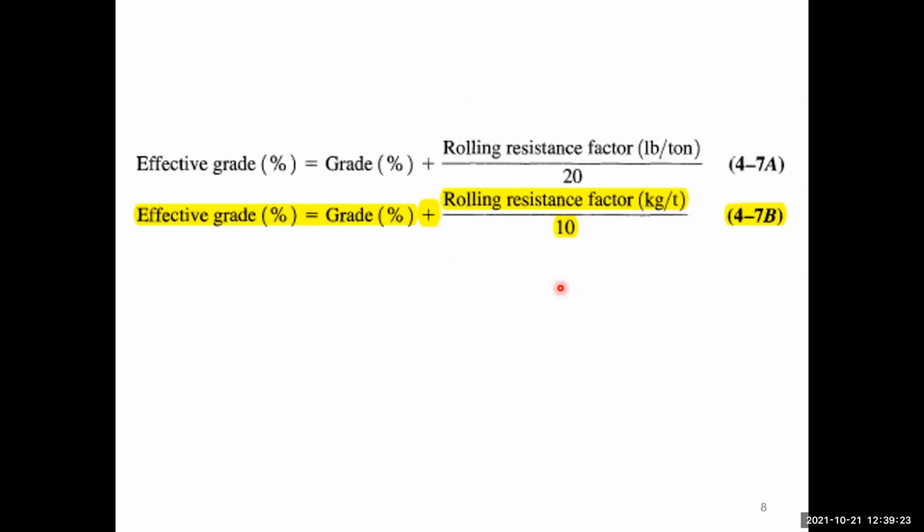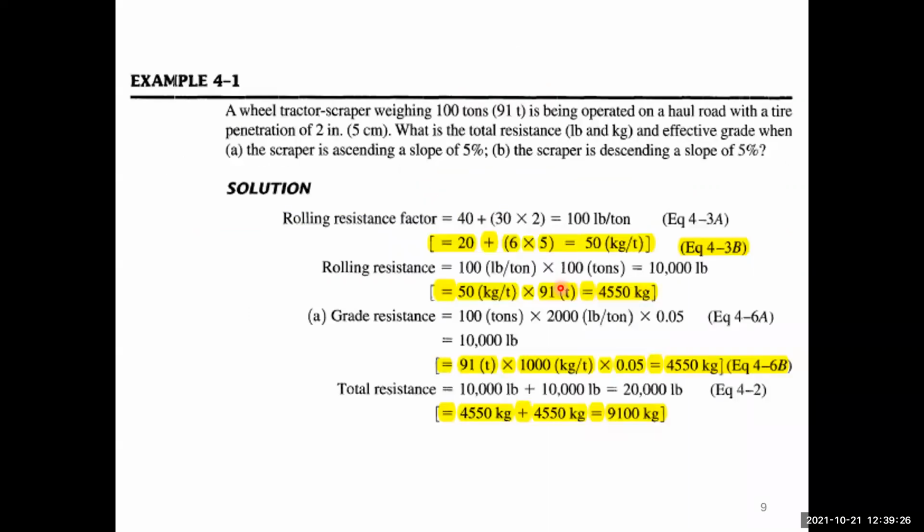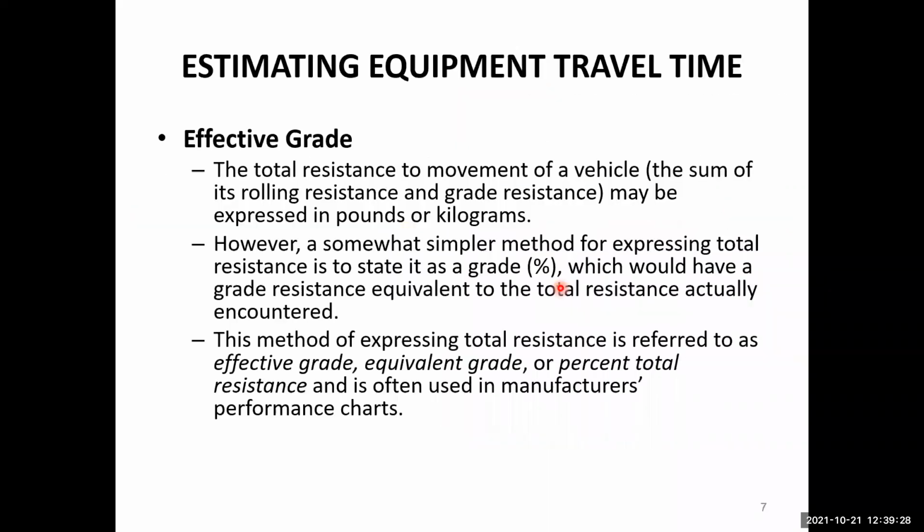And after that there will be example 4-1. When we do the example, then these calculations and the use of these equations will be relatively clear. Then there is a concept of the effective grade. The total resistance to movement of a vehicle, the sum of its rolling resistance and grade resistance, may be expressed in pounds or kilograms.